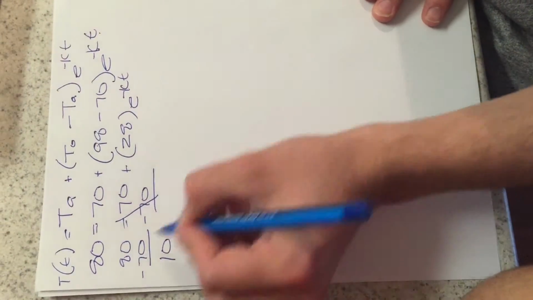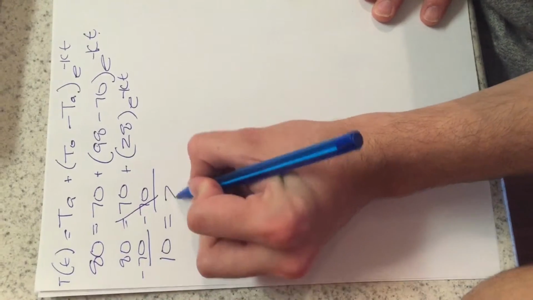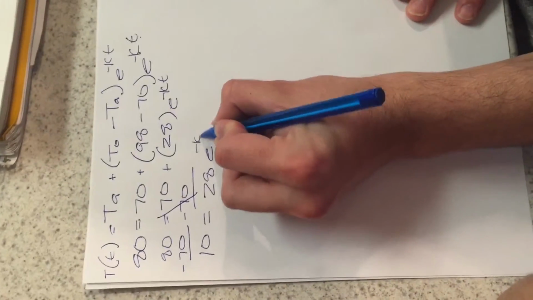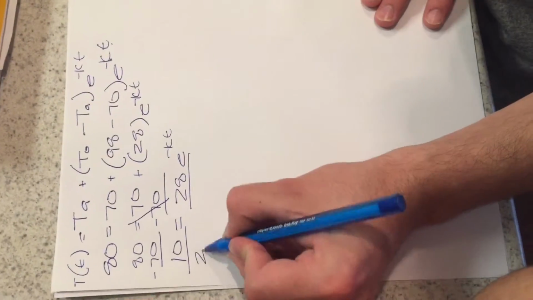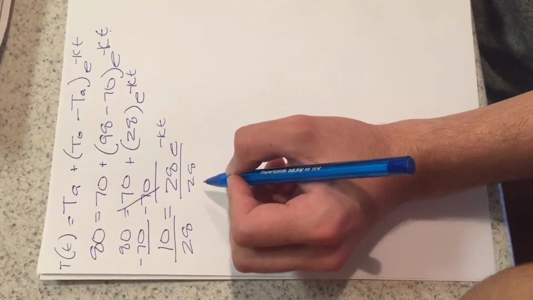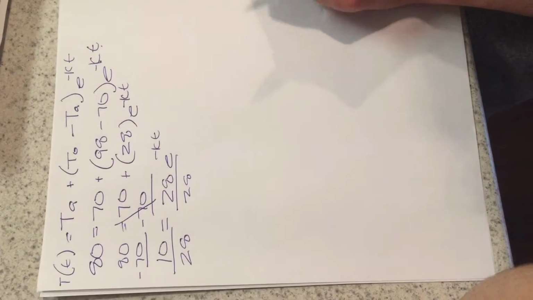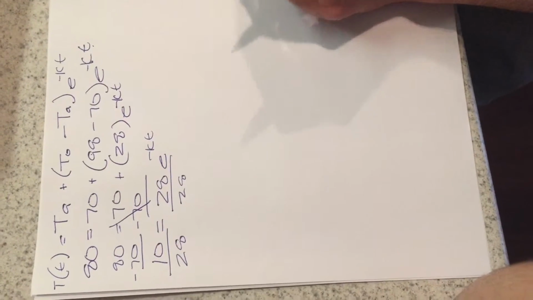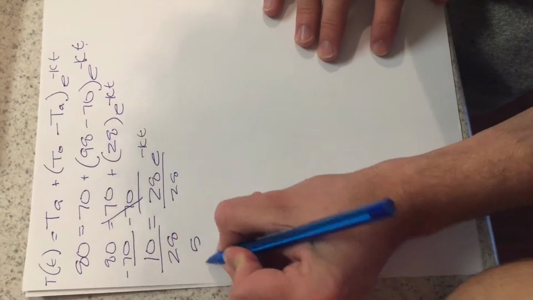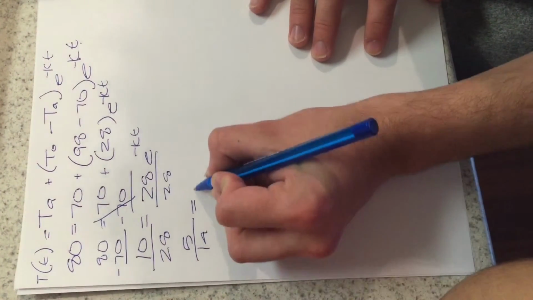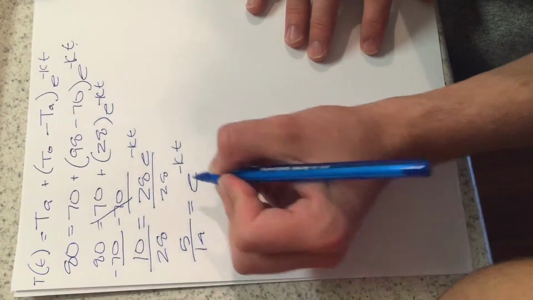That cancels, and you're going to bring your other variables down. 28e to the negative k to the t. Your next step is going to be dividing by the 28. To keep everything just a little bit neater, when we divide the 10 by the 28, we're going to keep it in fraction form, and it gets reduced to 5 over 14 equals e to the negative k t.